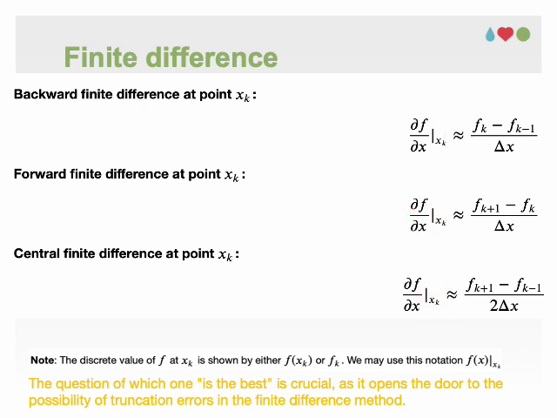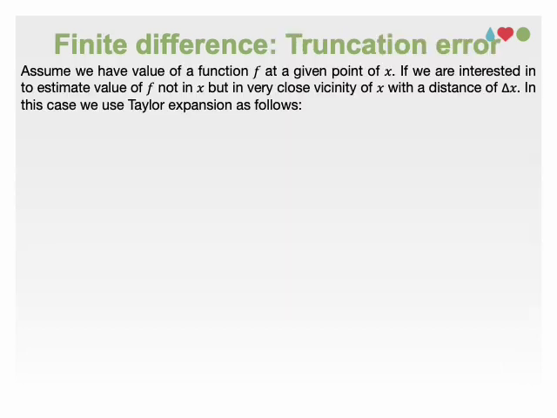Based on developments we have covered so far, we are now able to study several key features of finite difference, such as its accuracy and higher order approximations. Let's dig into the problem.